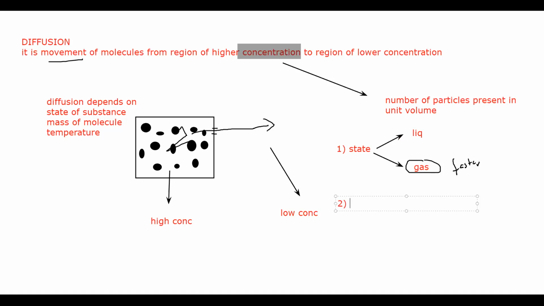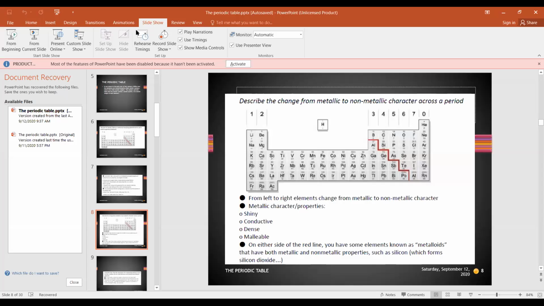Number two, it depends on the mass of the molecule. For the mass of the molecule, you have to use the periodic table. For example, if I'm comparing two substances, one is carbon dioxide, CO2, and another one is NH3, ammonia. For this, what I have to do is check their masses, the molecular mass.